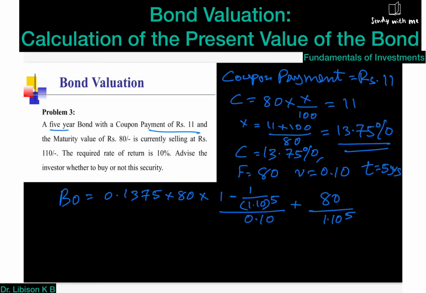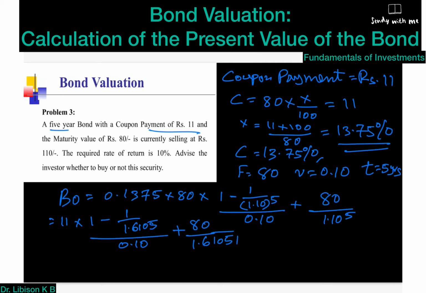So again, 11 multiplied by 1 minus 1 divided by 1.6105 whole divided by 0.10, plus 80 divided by 1.61051.